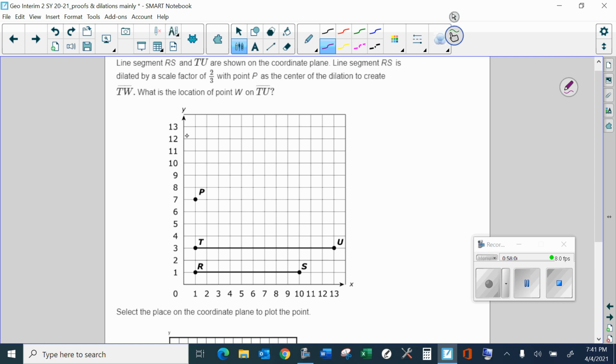Okay. All right, line segment RS and TU are shown in the coordinate plane, here and here.